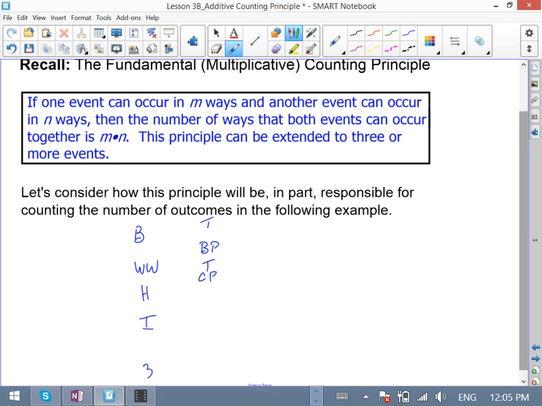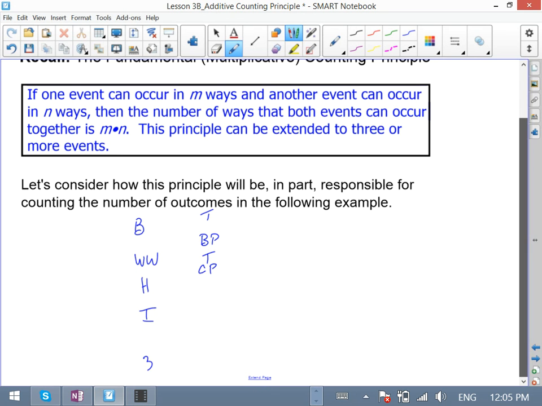We're going to run out of room here very quickly, so it's important to plan this out properly. We have 3 choices beyond our choice of bread. So already we have 3 subs just based on that first choice of bread and our toppings.